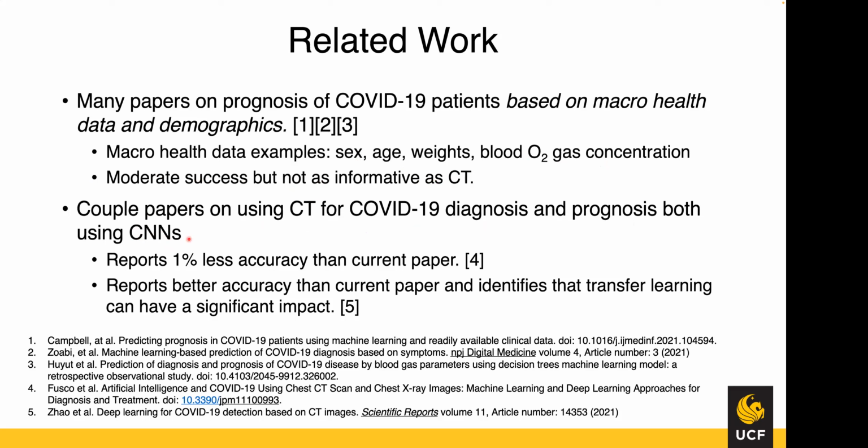One of them reports just 1% less accuracy than this paper, and the other reports actually better accuracy, but importantly identifies that transfer learning in this problem can have a significant impact, whereas this paper always trained from scratch.